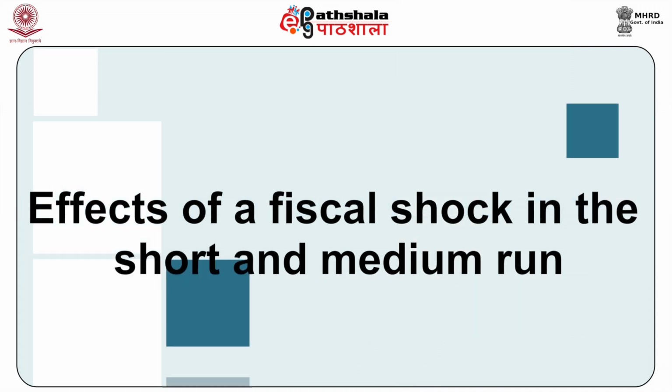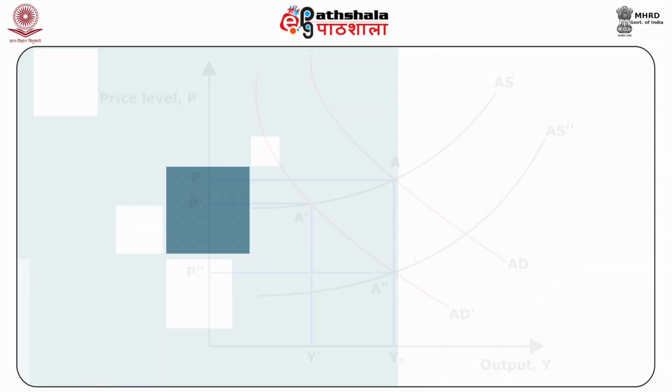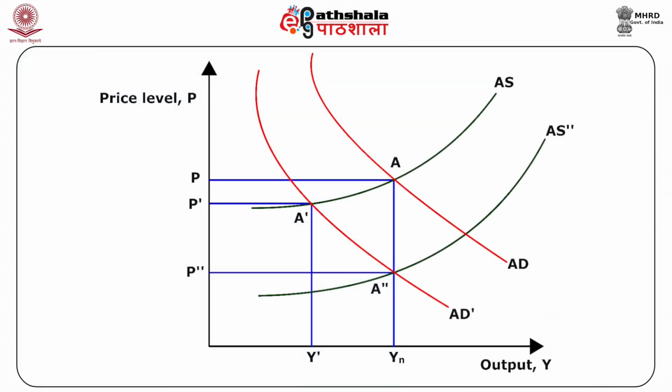This is also known as the adjustment path. Let us take the case of a negative fiscal shock. The fiscal contraction is assumed to happen due to a decrease in the government spending. Before the change in the government spending, the aggregate demand in the economy is represented by the AD curve.